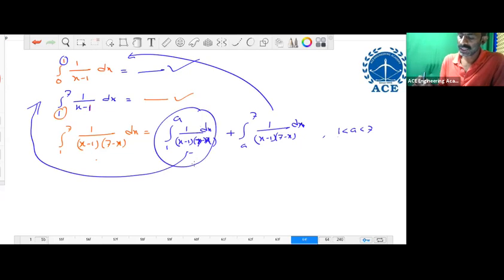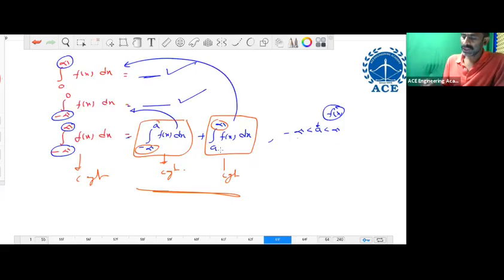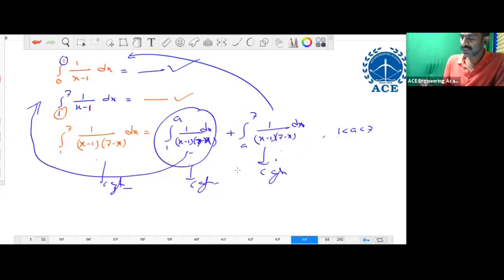Check whether this is convergent or not, and check whether this is convergent or not. When these two are convergent, this will be convergent. Otherwise, not convergent, just like the previous one. If any one is not convergent, this is not convergent. So the convergence of this depends on these two integrals.